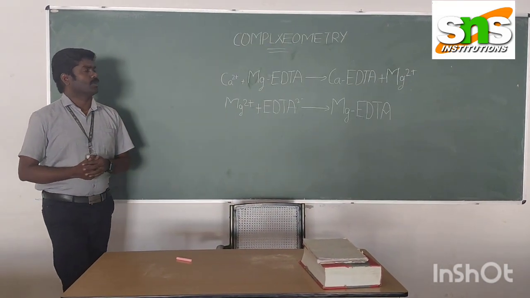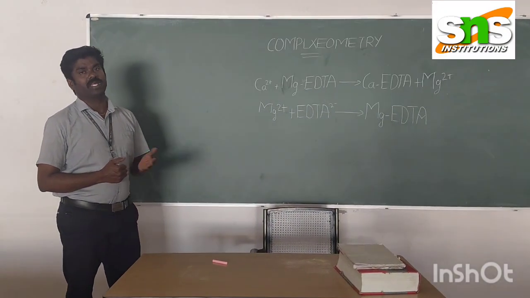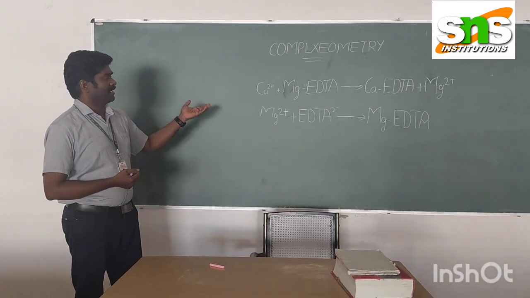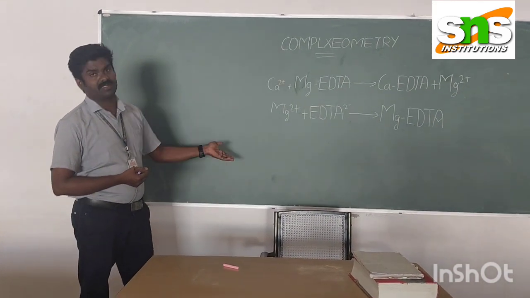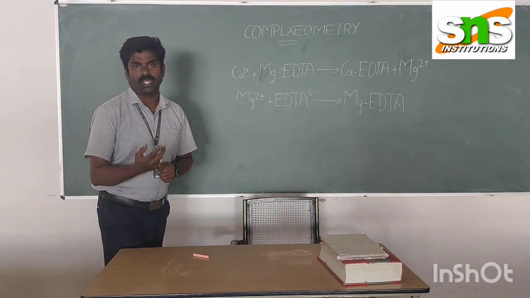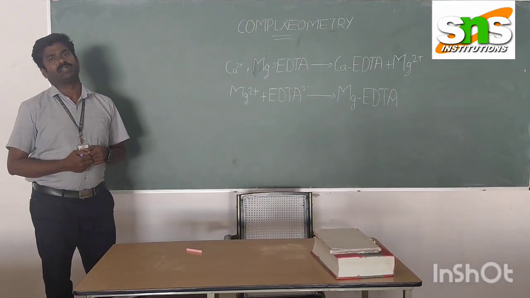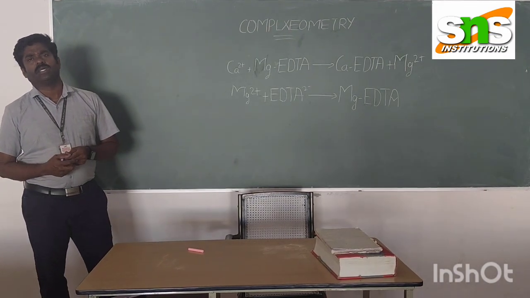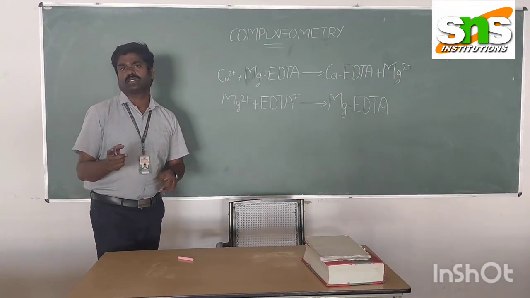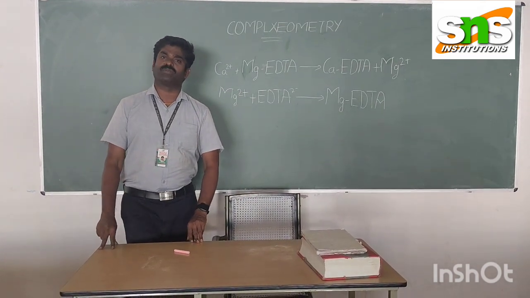Here, calcium gluconate is reacted with disodium EDTA, and we can perform such an experiment. Or if you take any kind of calcium salt, we allow it to react with disodium EDTA, which we use as the titrant. At the end of the reaction, we can predict the end point with the help of suitable complexometric indicators.